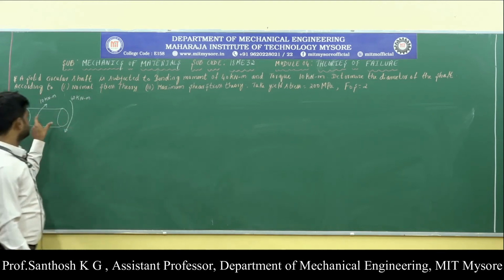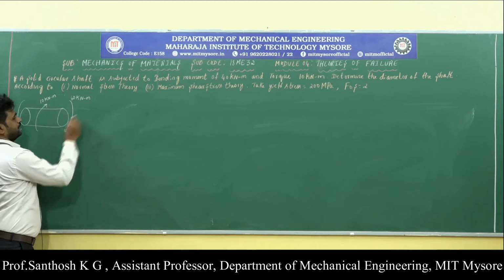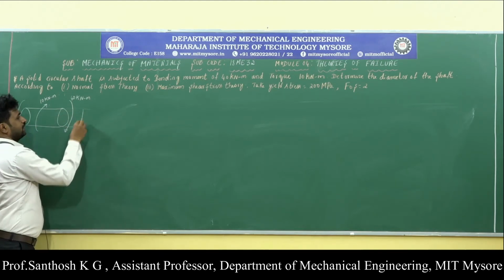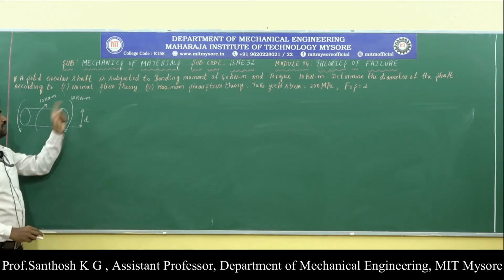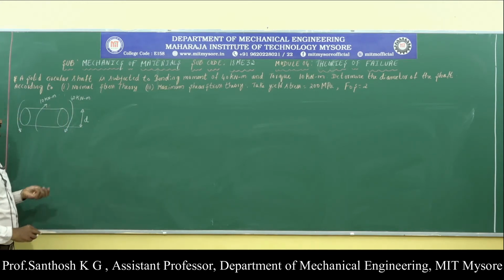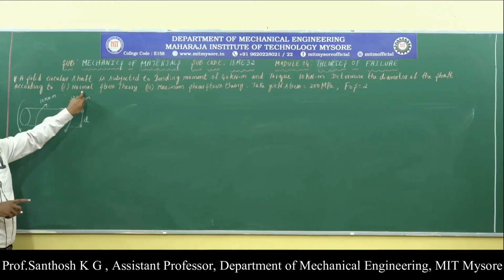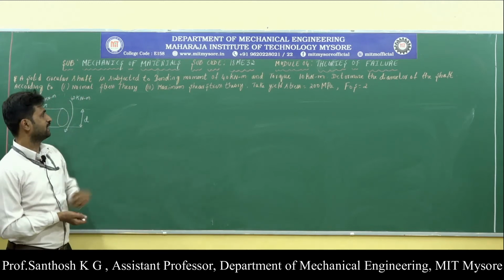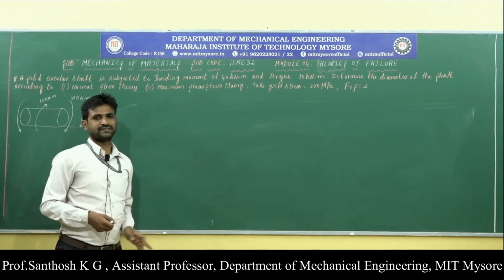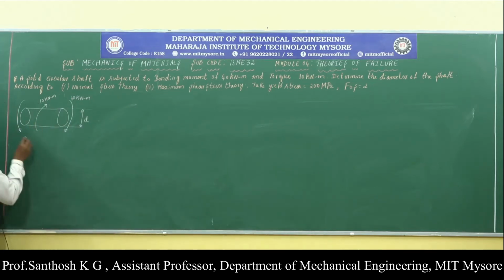When this member is subjected to these two loadings, I should find what the diameter of the shaft should be in order to withstand these two loadings. I need to find this D using case 1, the maximum normal stress theory, and case 2, the maximum shear stress theory. So, first I will write the data.